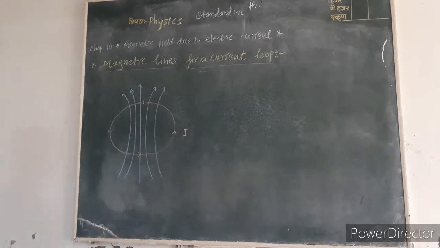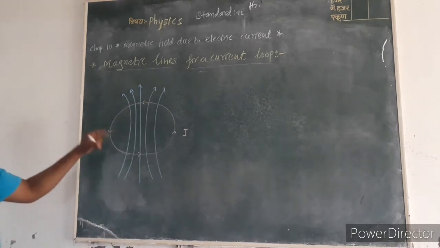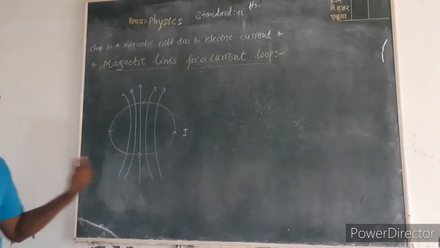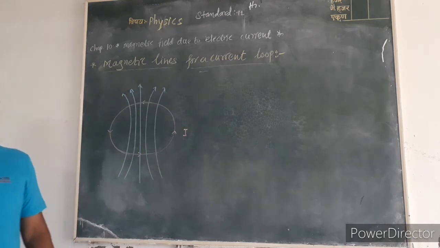That means these magnetic lines have two ends, like a bar magnet, which has two ends, N pole and S pole, and due to these two poles, there is a formation of magnetic field.